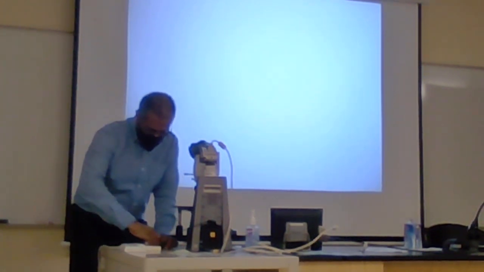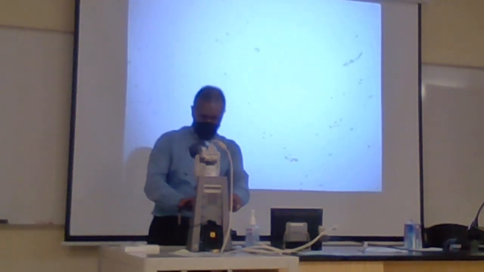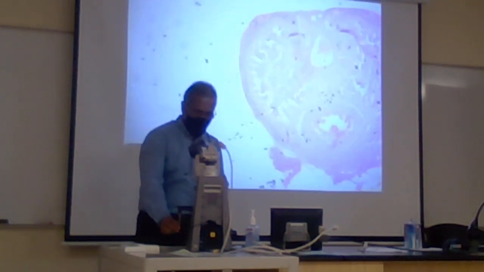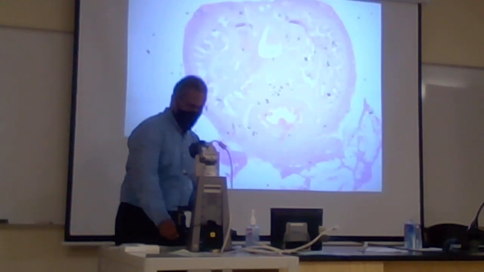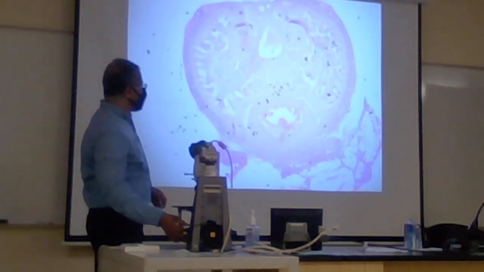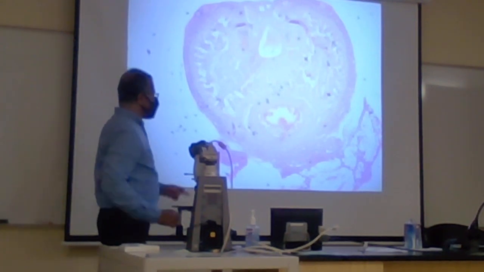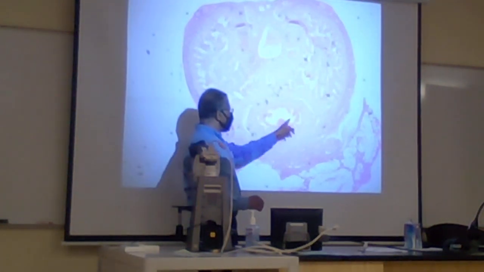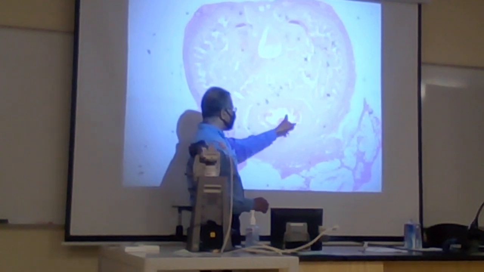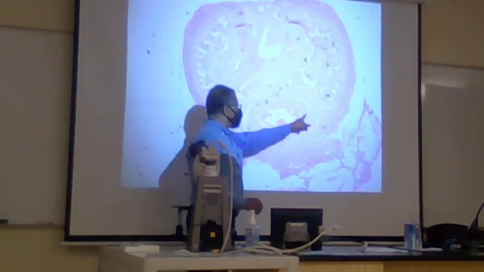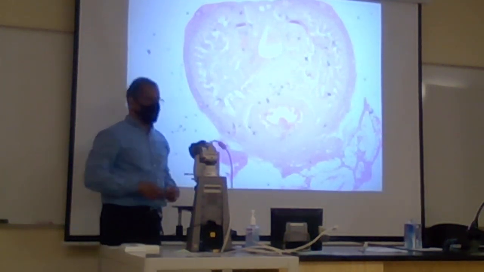Penis slide. So what are we looking for in the penis slide? Corpus spongiosum and corpus cavernosum. So, got this. So this is the urethra, epithelial transition. So this is the urethra, and this is corpus spongiosum.